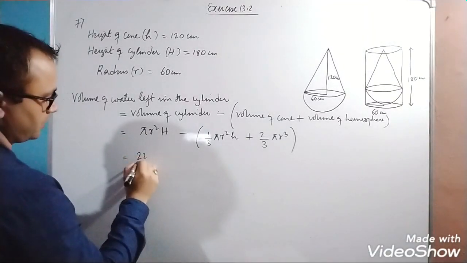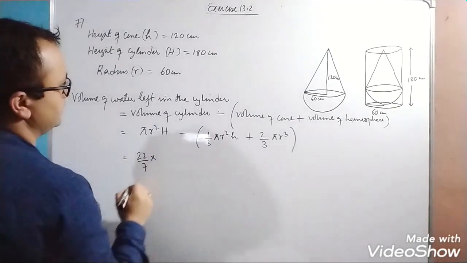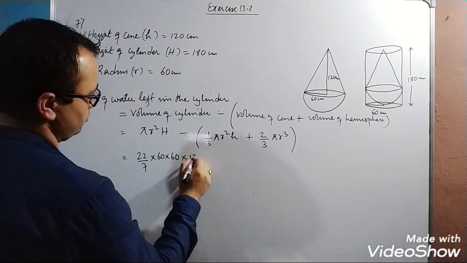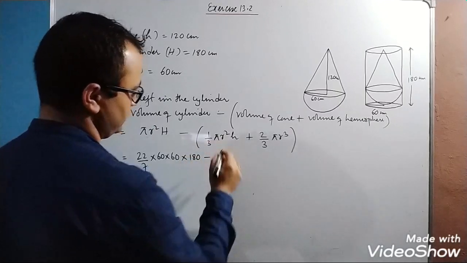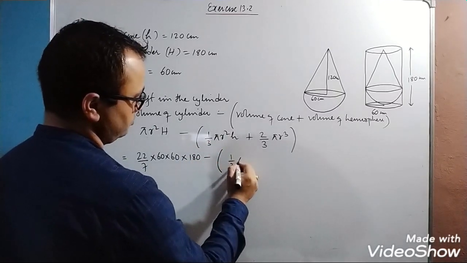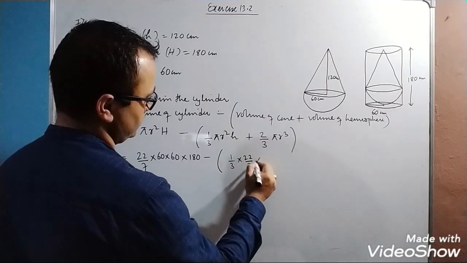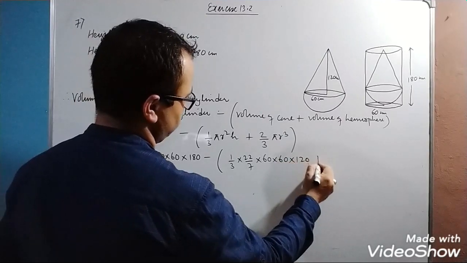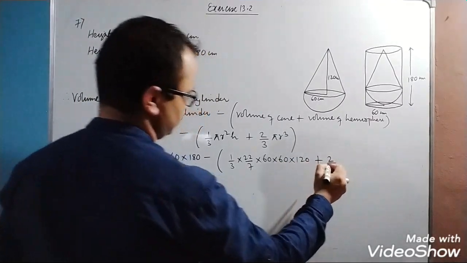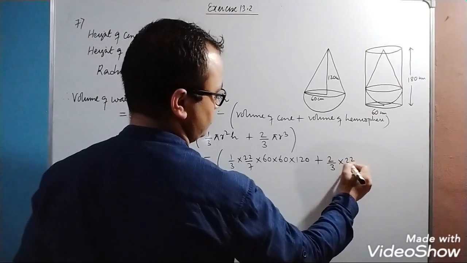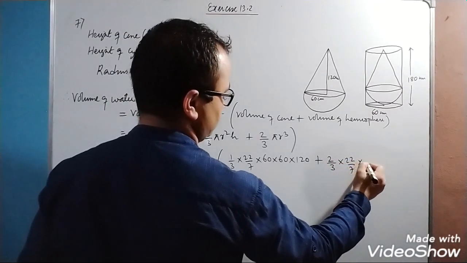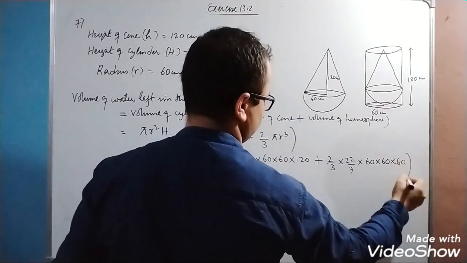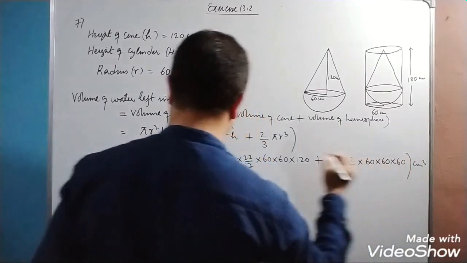Pi is 22/7 and radius is 60 into 60 into h is 180, minus 1/3 into 22/7 into 60 into 60 into 120, plus 2/3 into 22/7 into 60 into 60 into 60, in centimeter cube.